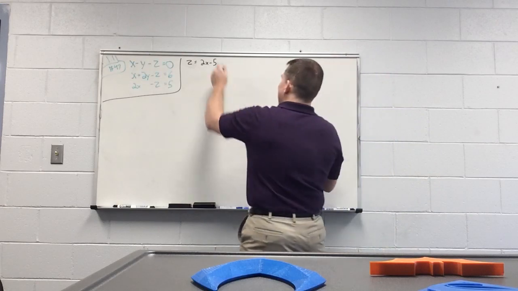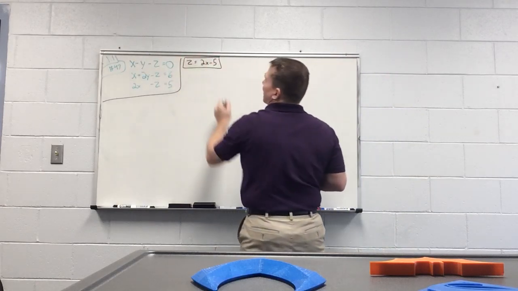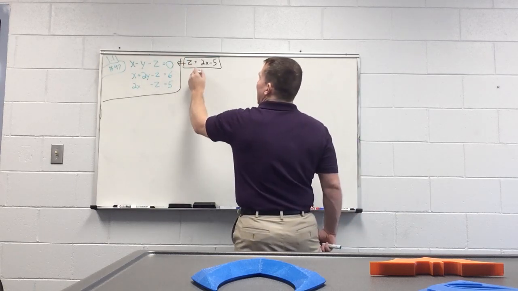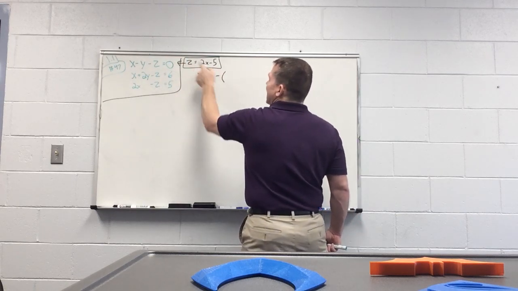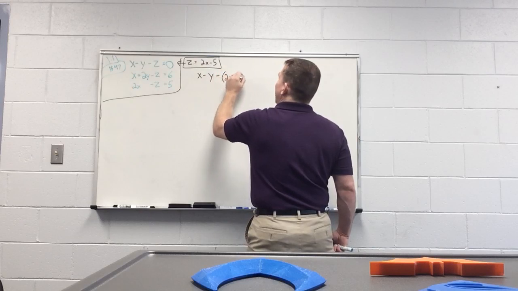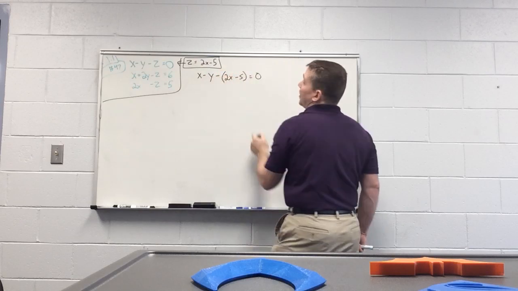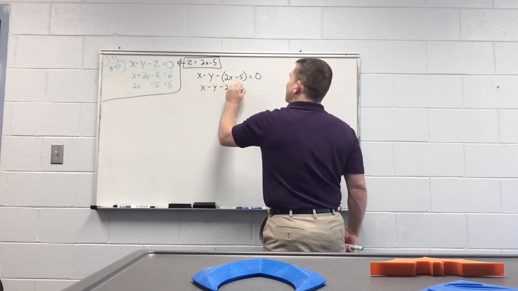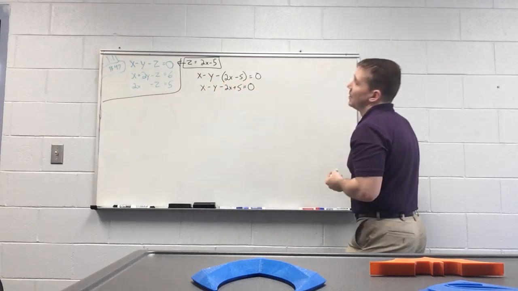Now I'll take that, highlight it, this time I'll use black since I already wrote that in blue, and stick it in this equation. And I get x minus y minus z, which is 2x minus 5, equals 0. x minus y minus 2x plus 5 equals 0.